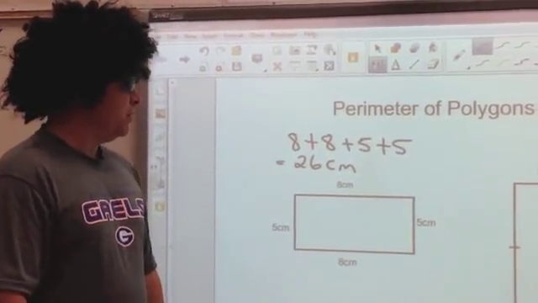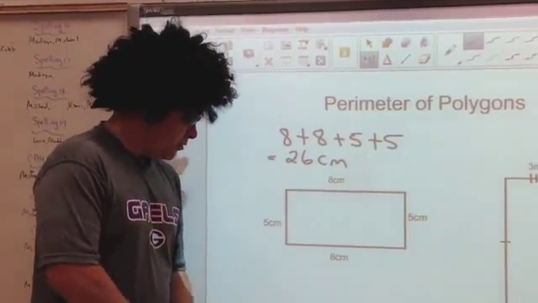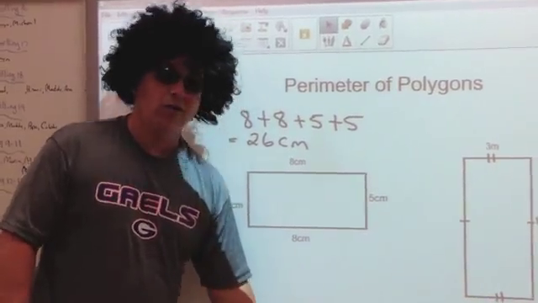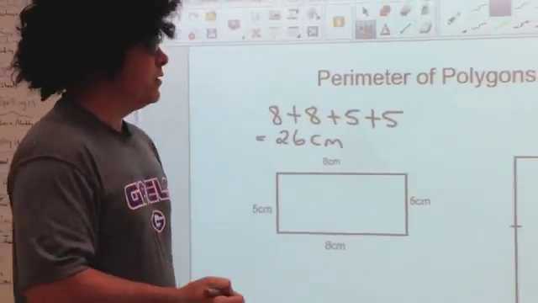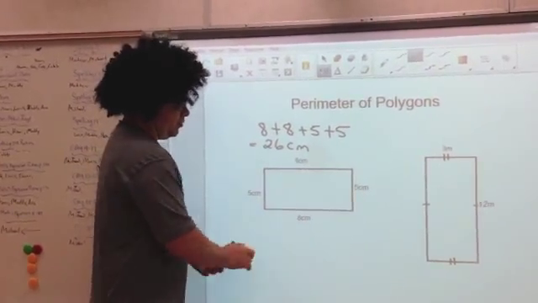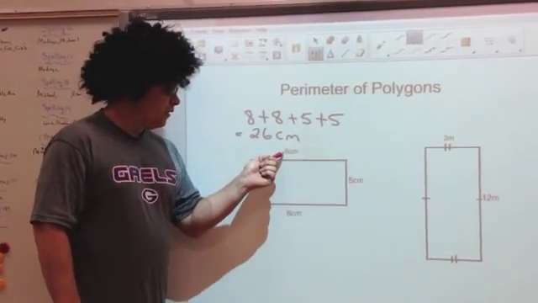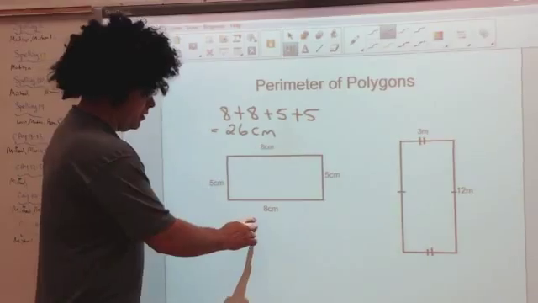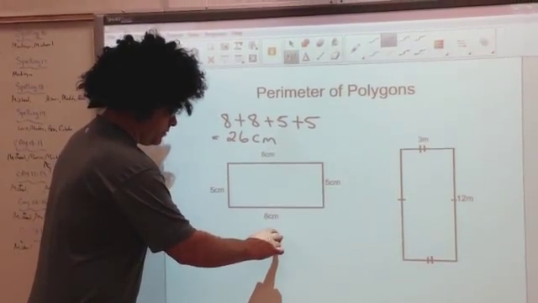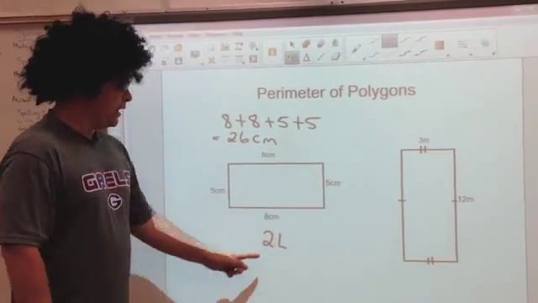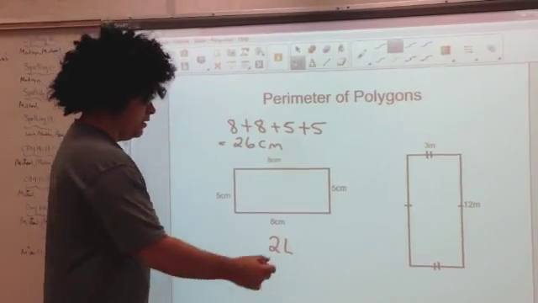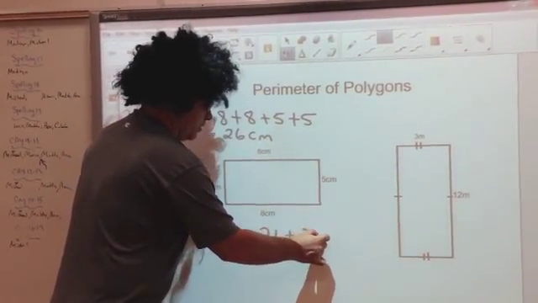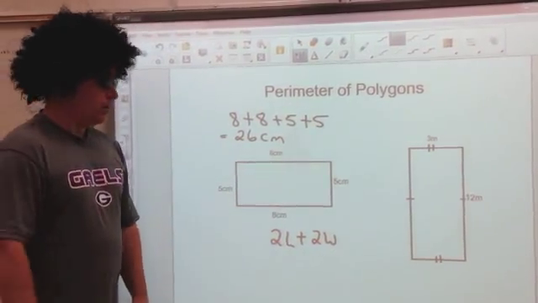Pretty simple, I hope. Another thing you do, if you have regular polygons and you're trying to find the perimeter, you could also make a formula for it so that it would work for everything. So what I mean by that is we have our length is the same usually when it's regular. So we have two lengths or two L's, and we're going to add that to our two widths.